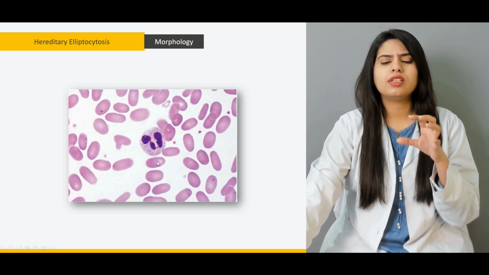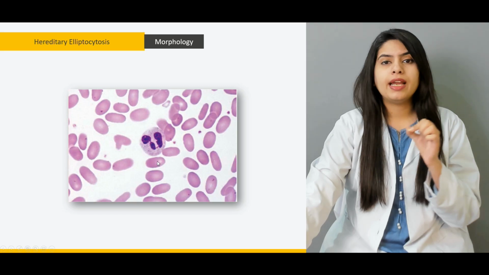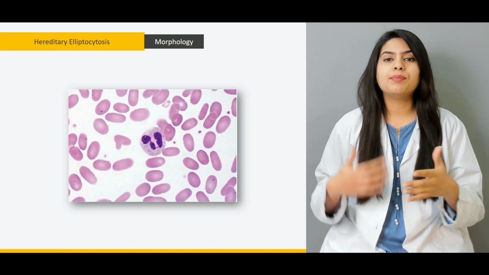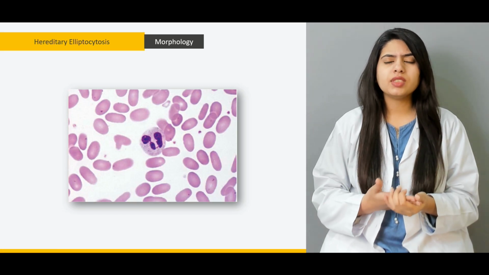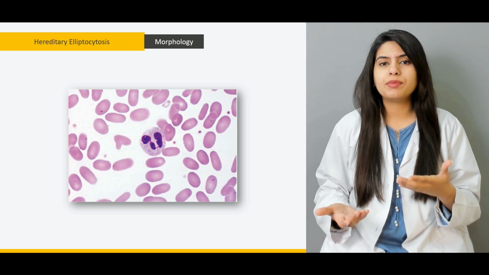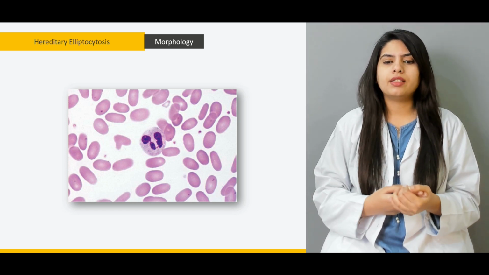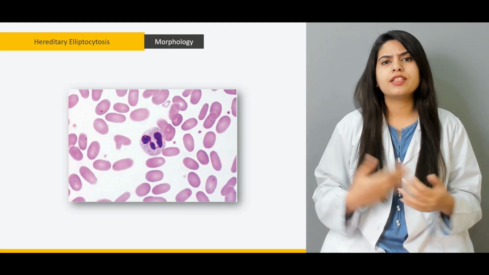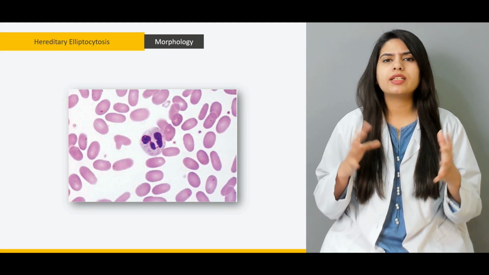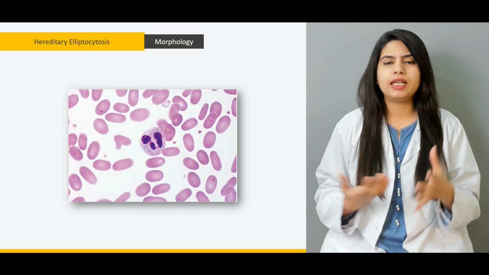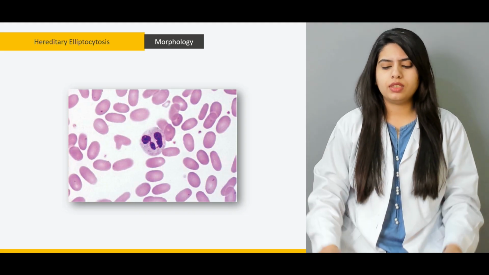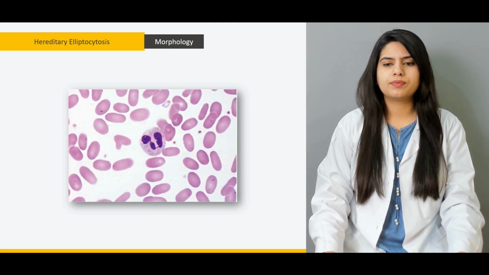It causes mild anemia. The patient may be asymptomatic as well, and there is mild hemolysis, and all the clinical features that appear are mild in nature, and also the anemia is normocytic.